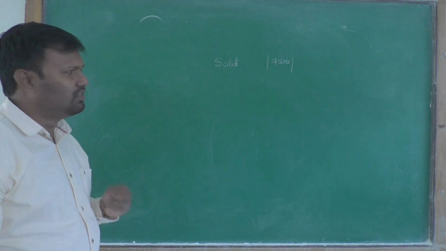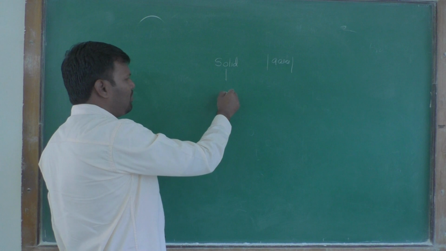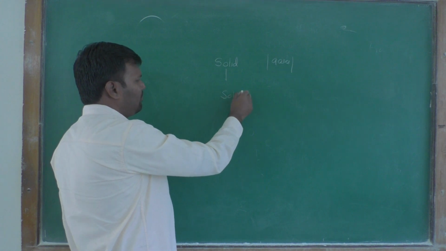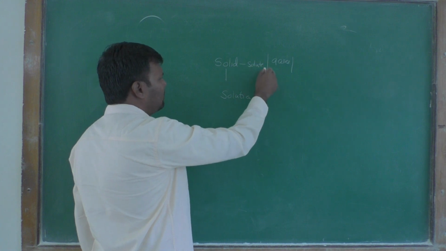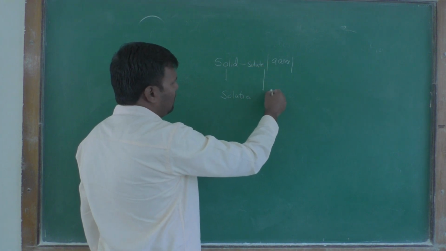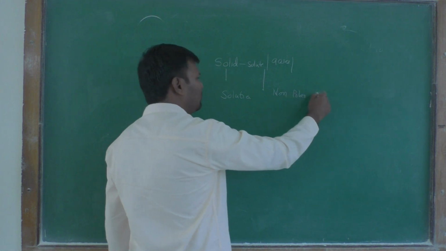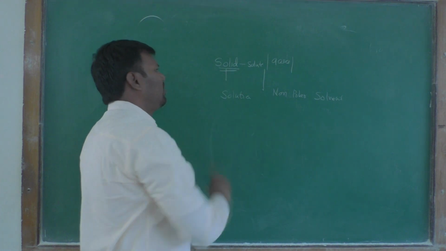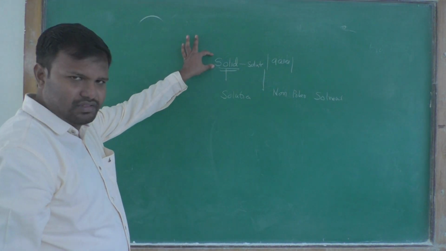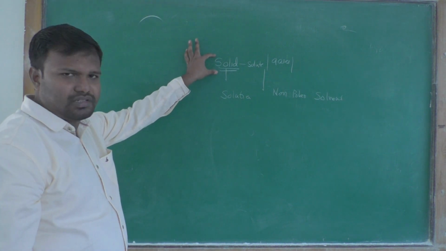But if a solid is there, then we have to prepare a solution, and that solid becomes the solute, and you add it in a non-polar solvent. Remember, you add the non-polar solvent. First you have to find out the dipole moments for the solid. This dilute solution method is used for solid substances.